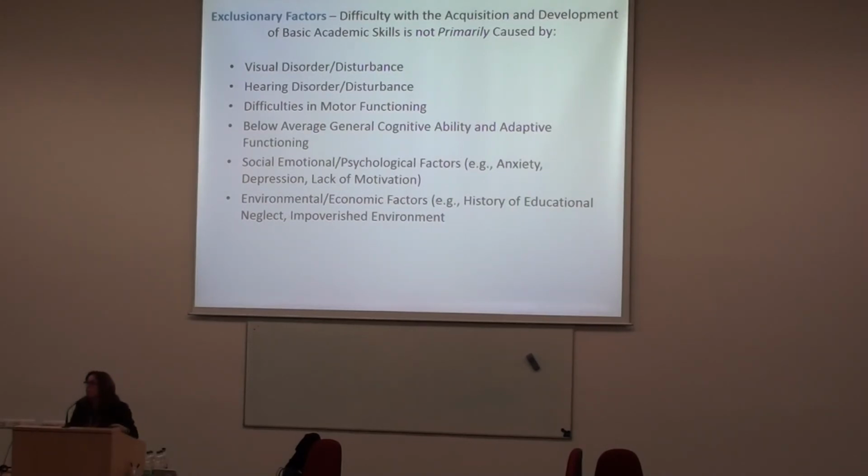Some of these can contribute to the learning problem, but only when they're the primary cause do we rule out specific learning disability. So this is another area that is really important in making the diagnosis. These rule-outs are really critical for the diagnosis.